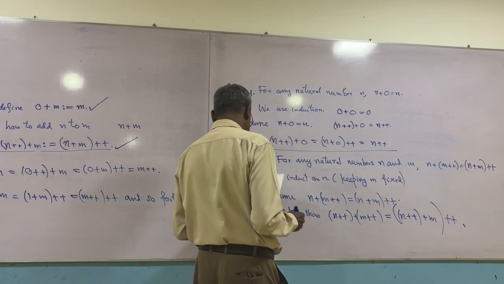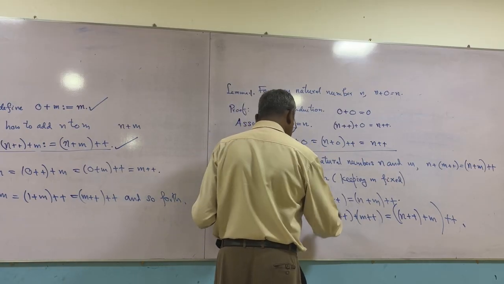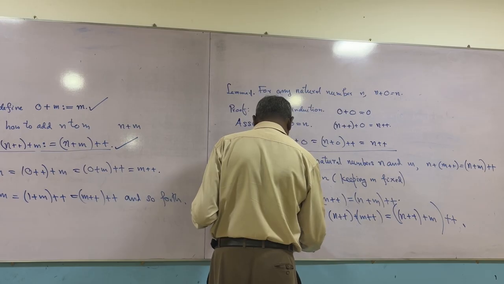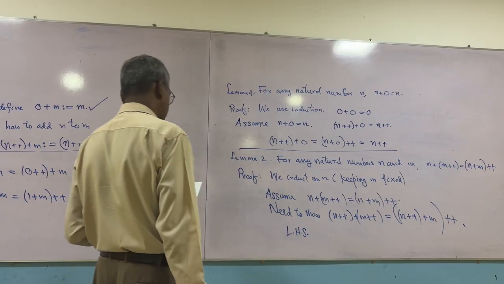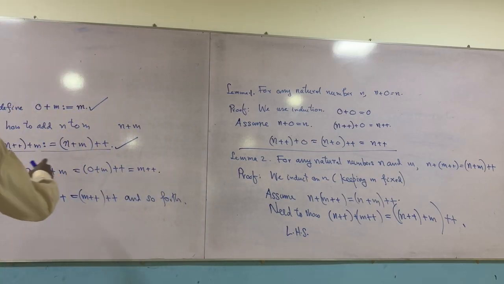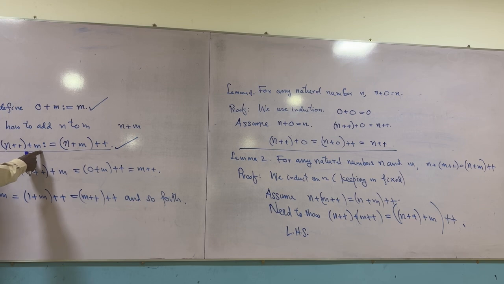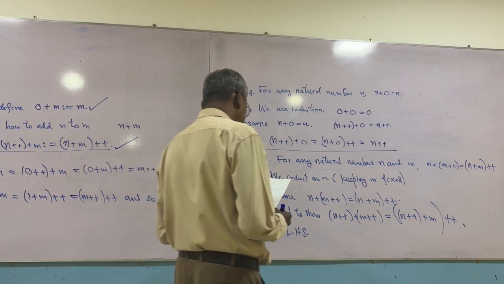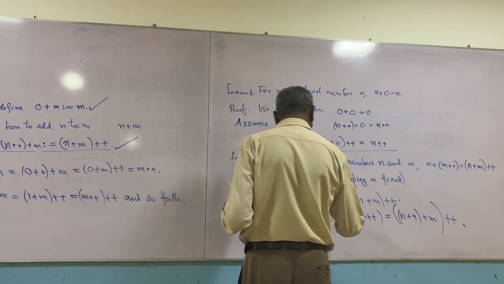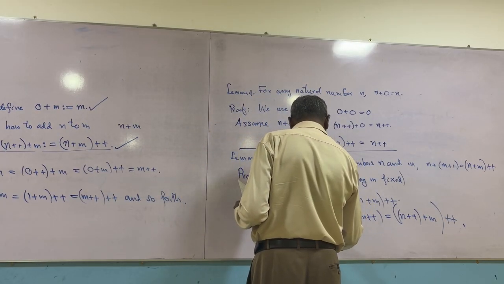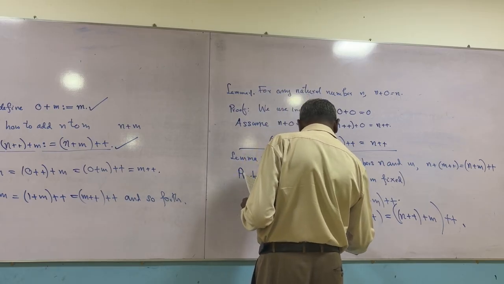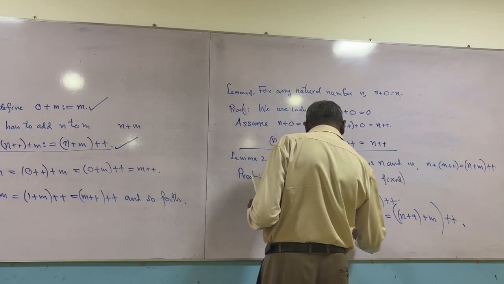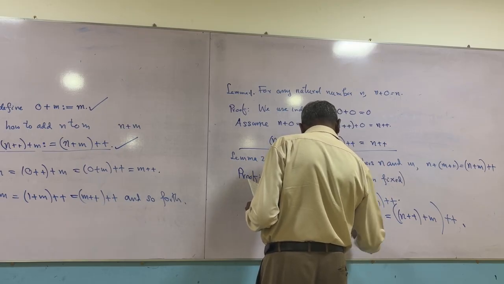Let's see. So the left side, LHS, left hand side, is equal to, from here, n plus plus plus m is n plus m plus plus. So if I use that, left hand side is equal to n plus m plus plus plus plus.